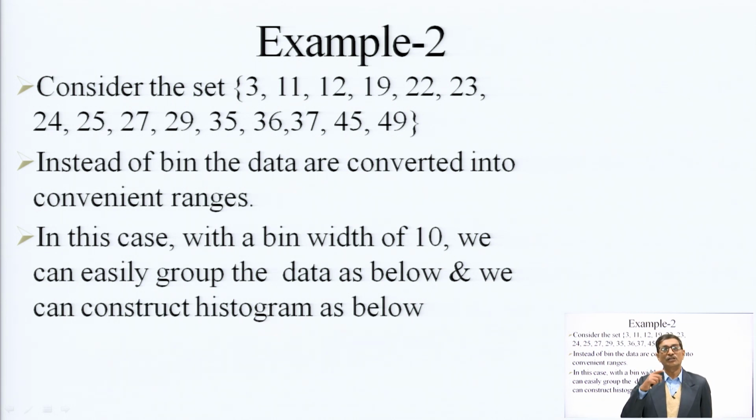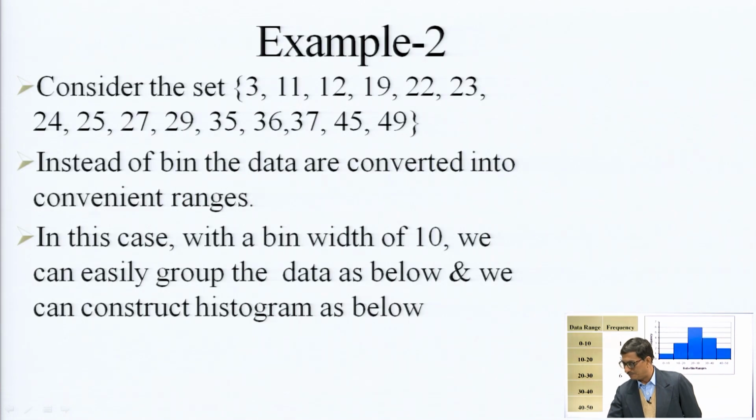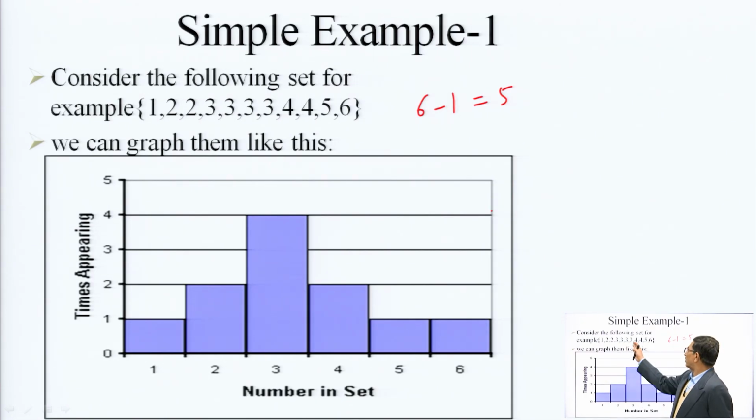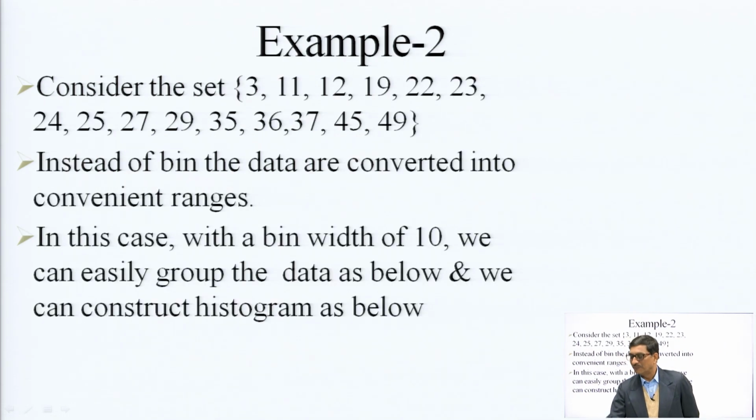In the previous example, each observation is repeated, or 2 or 3 observations are repeated, so we draw this type of diagram. But in this data, the data have a range and each score or observation is not repeated. So, we cannot draw the diagram as in the previous example. So, in this example, we will prepare a histogram.